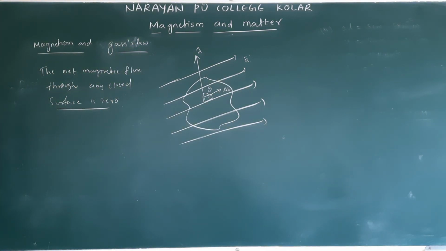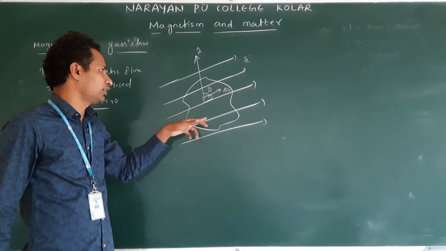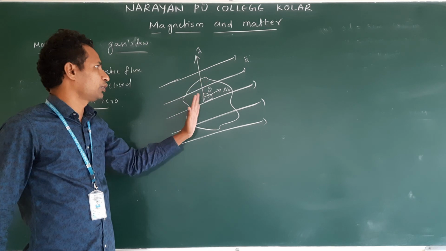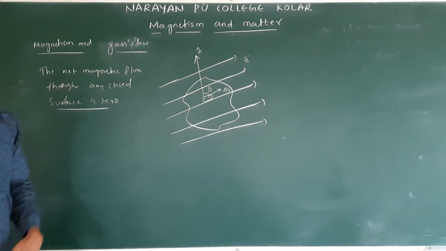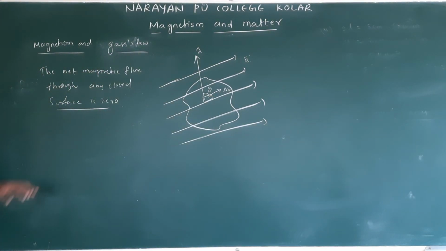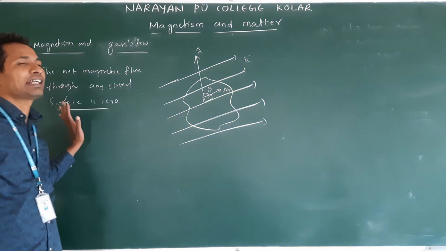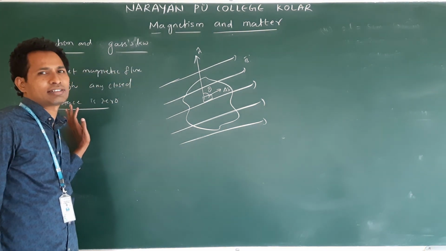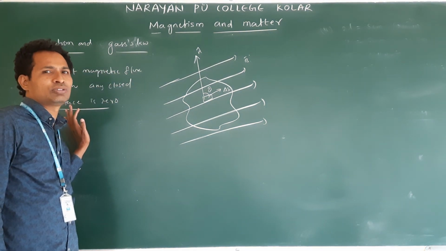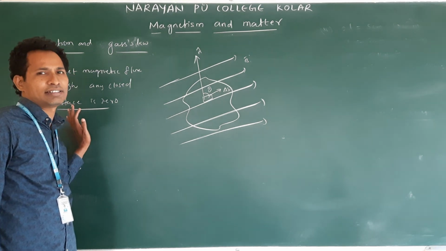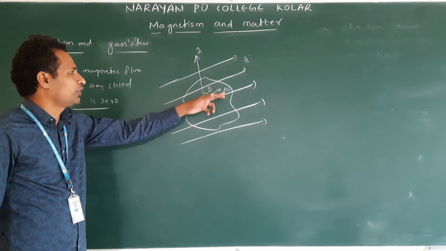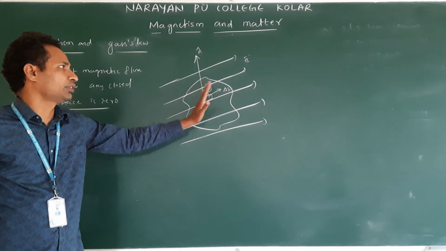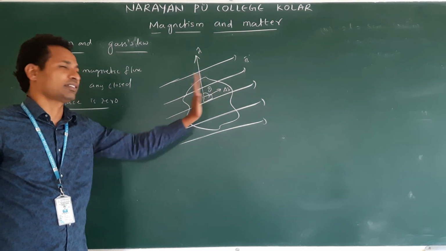Net flux means total lines passing through. What is flux first? That is important. Without knowing flux, we cannot define this. Number of lines passing through unit area is called flux. So throughout the area we need to find the number of lines passing.